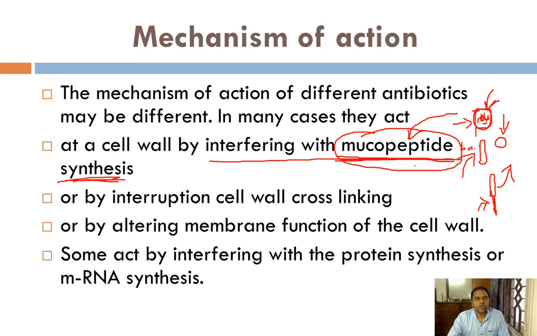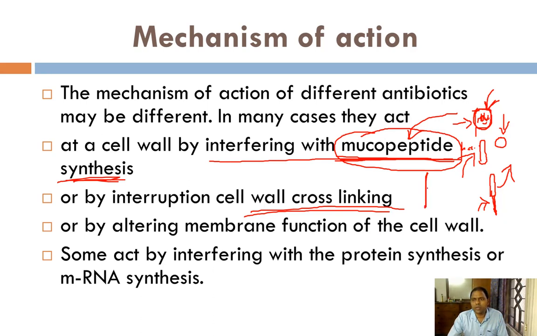They can also interrupt when you already have the bacteria. In this cell wall, there will be cross-linking with the chemicals. You have bonds in the chemicals, right? They can act on these chemical bonds and interrupt this cross-linking.